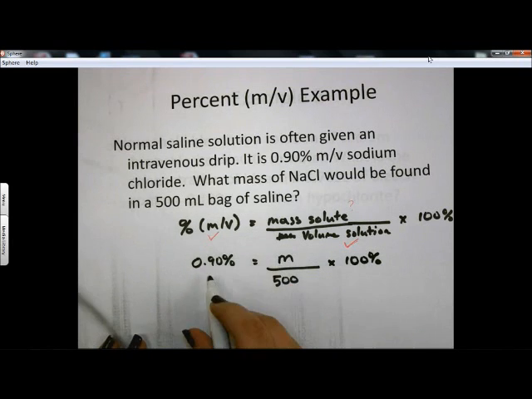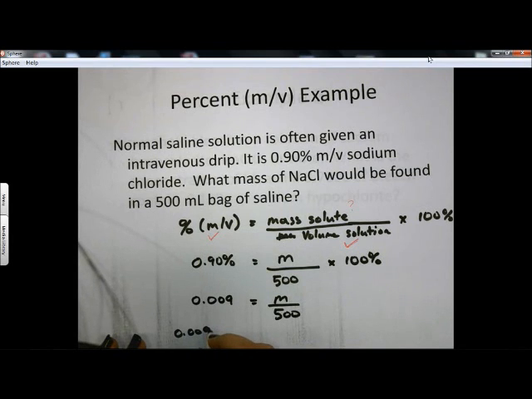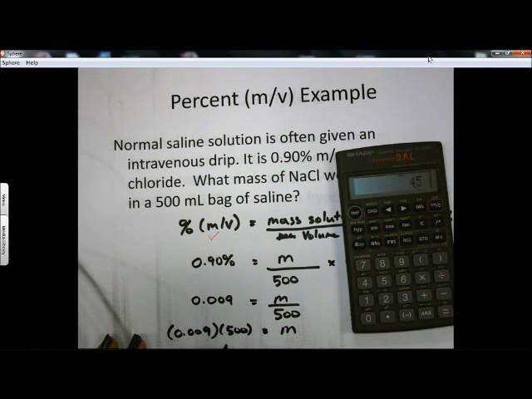So 0.9 divided by 100, 0.009 equals m over 500. If I want m by itself, I have to multiply both sides by 500. So it's going to be 0.009 times 500 equals m, 4.5.